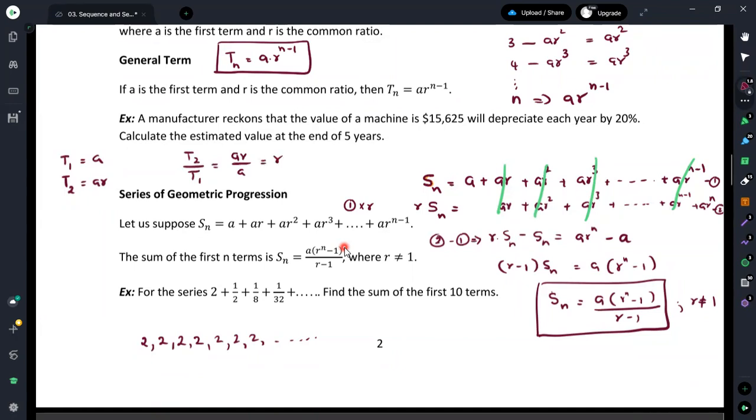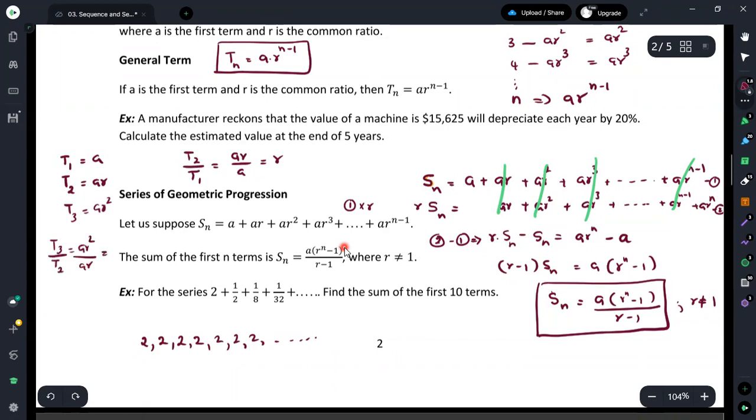And if you try it with the next two terms, T2 and T3, we know T2 is ar, then T3 is ar squared. Therefore, if we divide T3 by T2, we get ar squared divided by ar. Again, we get the value for r.